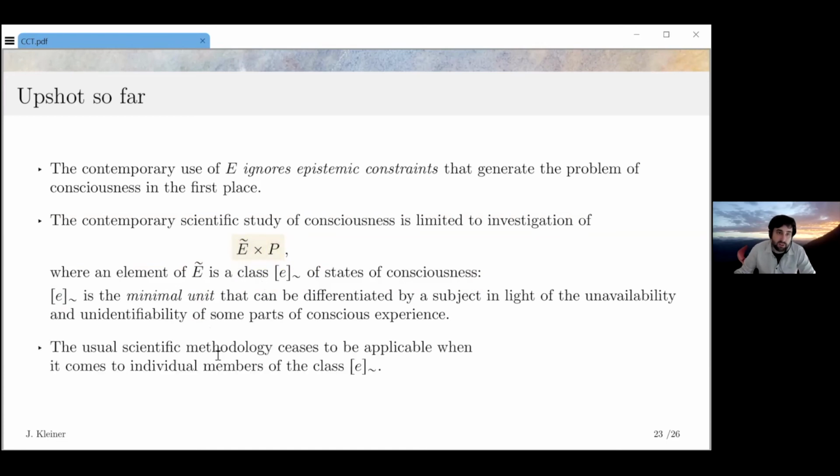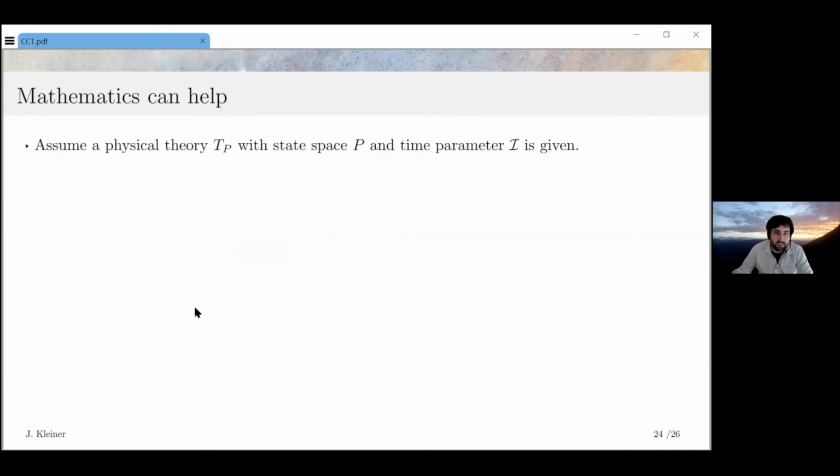We cannot use the contemporary scientific methodology to address individual members of these classes E. So we cannot use it to address individual states of consciousness that cannot be collated, where I wouldn't know if I address this state, whether that's the same state in another subject, due to science being inherently intersubjective.